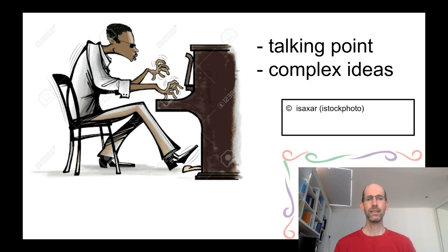Here's another interesting image of a pianist. Again, in my experience, this image is quite good for a talking point. A lot of students, when shown this image, I found, think that he's quite a cool guy, and he does look like quite a cool guy. However, from an Alexander technique perspective, there are some kind of worrying angles going on there, almost a kind of right angle with the neck and the back there.